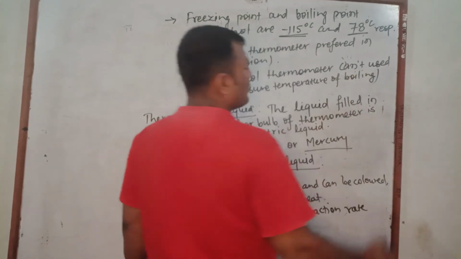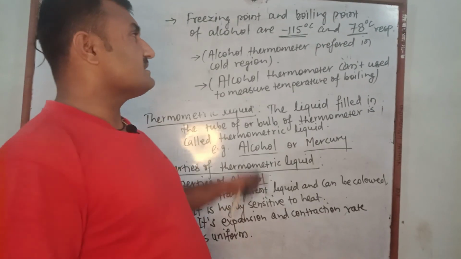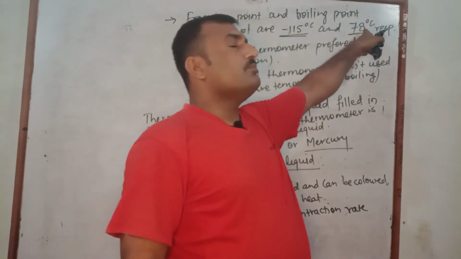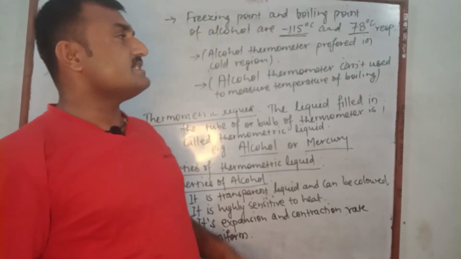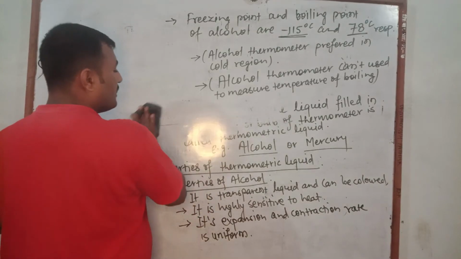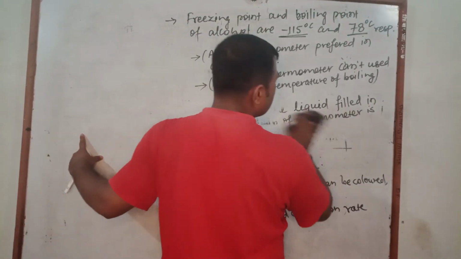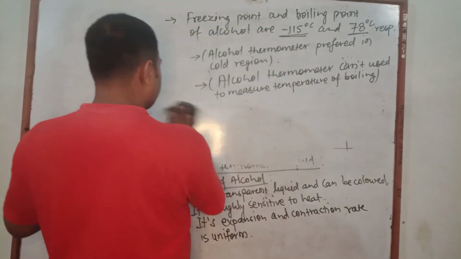Why is it so? Because boiling water has a temperature of 100 degrees Celsius, but before 100 degrees Celsius alcohol vaporizes, therefore an alcohol thermometer can't be used to measure temperature of boiling water.